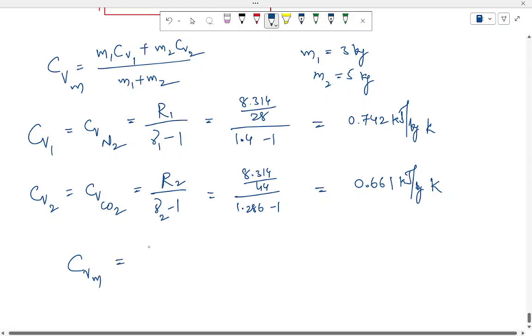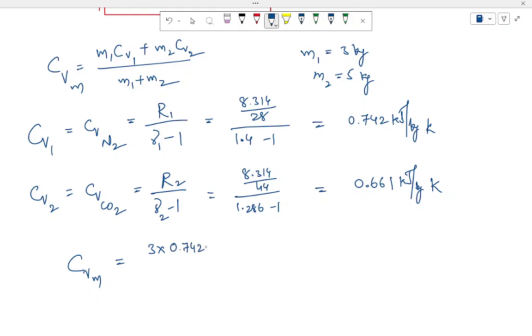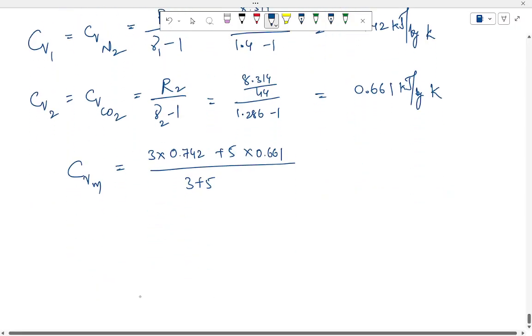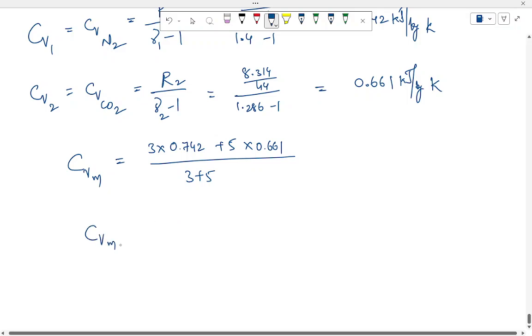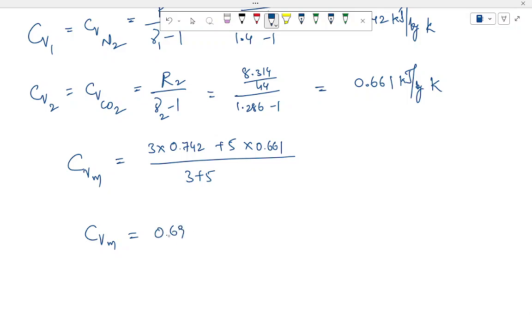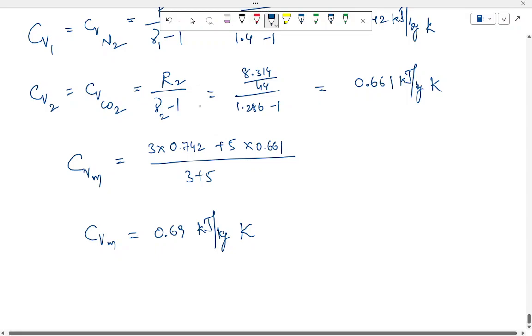The m value is 3 and the Cv1 is 0.742, plus 5 into 0.661, by 3 plus 5, which will give me the Cv of the mixture as 0.69 kilojoule per kg Kelvin. So that's the value of Cv of the mixture for you.